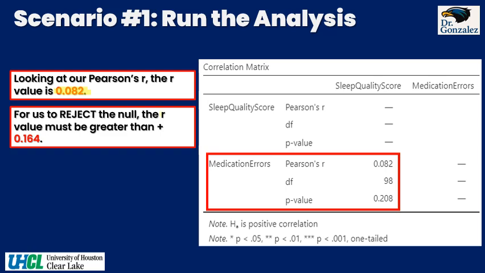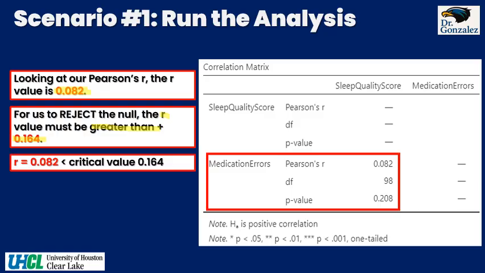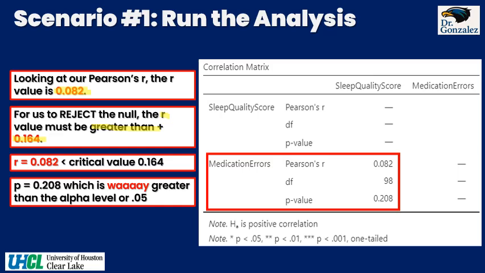And if we had calculated this by hand, our decision to reject the null would have been based on the idea that your R was greater than 0.164. Where did I get that? I got that from that table, okay? But I've spent the last 45 minutes telling you that in Jamovi, you don't have to worry about that, because Jamovi is going to tell you that we're looking at that p-value.